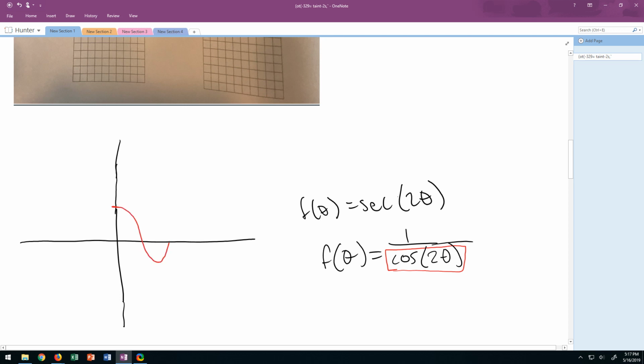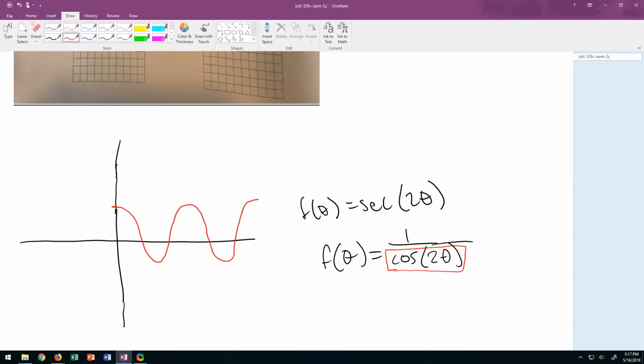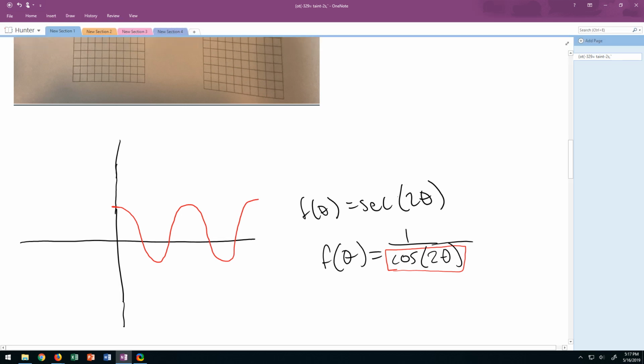All I have is 2 cycles between 0 and 2 pi. I didn't do it perfectly, but I hope you understand, because drawing by hand, that's just how it works. So here's 2 pi, here's 1 pi. Yep, and looks like right here might be pi halves. Right here is going to be 3 pi halves. Nailed it.